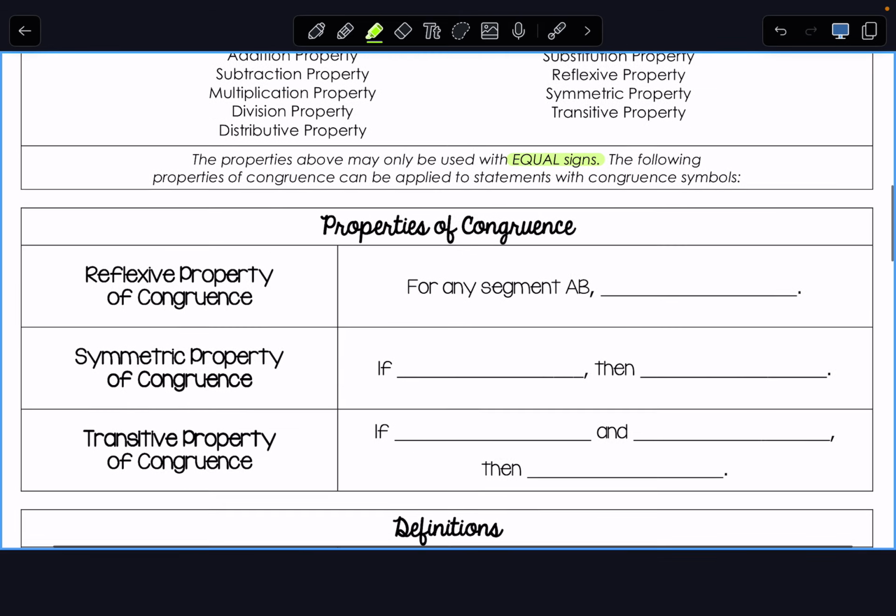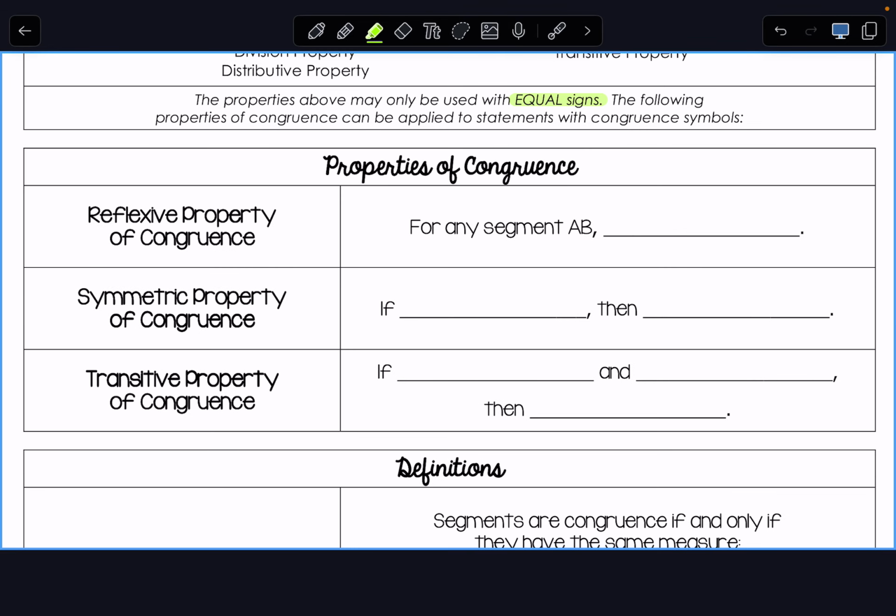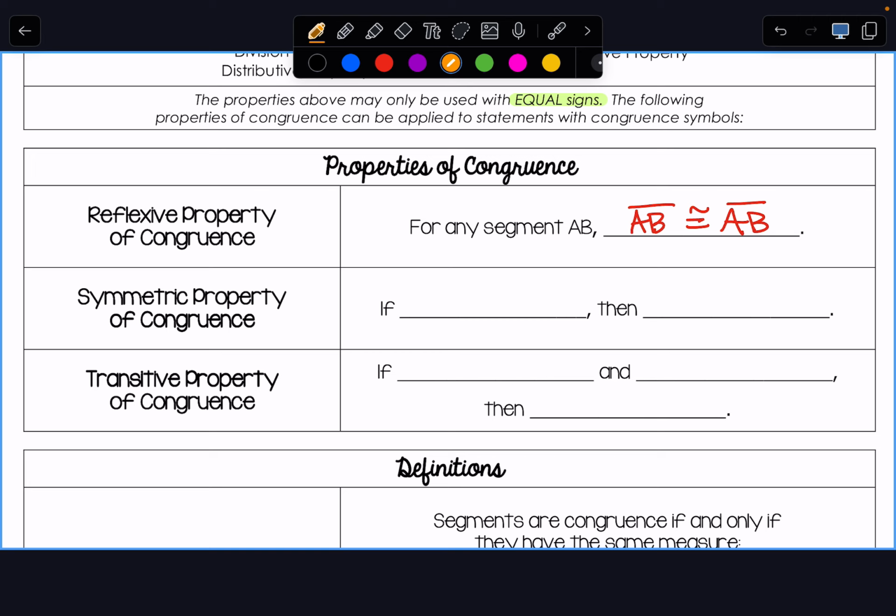Now, I will tell you that when there's the congruent sign, we do have the reflexive property, okay? That is a thing. We also have the symmetric property. So if AB is congruent to CD, then we can write it the other way.